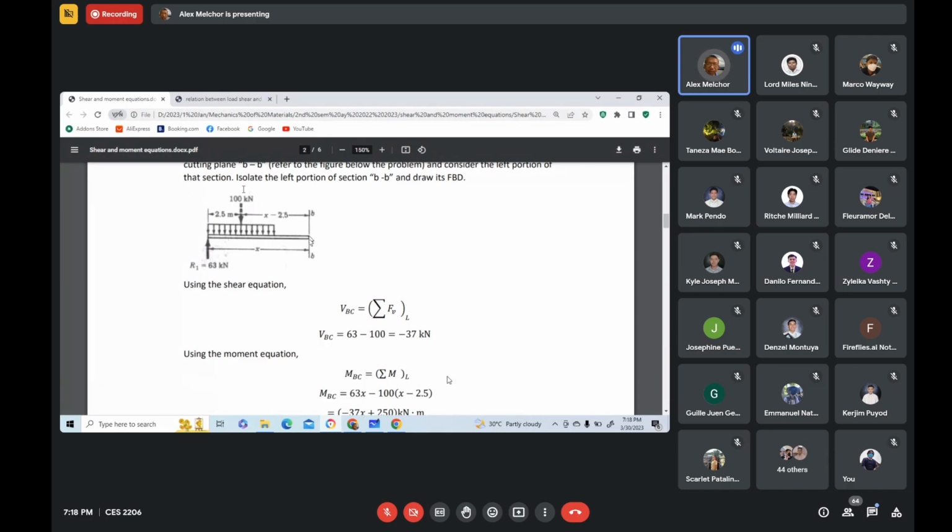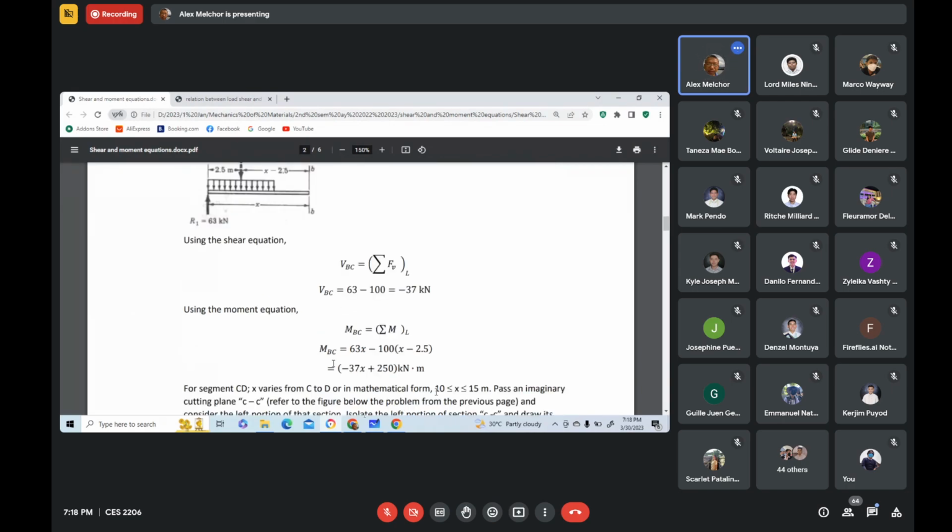Then the other force acting downward, minus 100 times x minus 2.5. Okay, that is x. And that distance there is 2.5. So the moment arm is x minus 2.5. That's the moment arm for that 100 kilonewtons. So we have now this one. Okay.